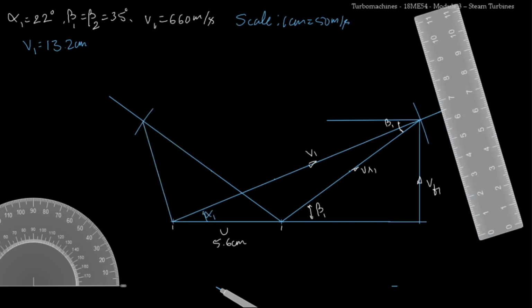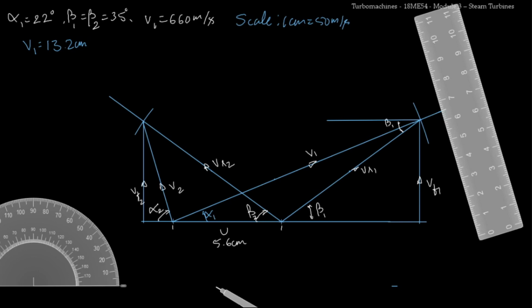Now from this point I'll draw a vertical line, and from this point I'll draw a horizontal line. This is our VR2, and this angle is beta 2, which is also 35. This angle is alpha 2, and this is our V2, and this is VF2.